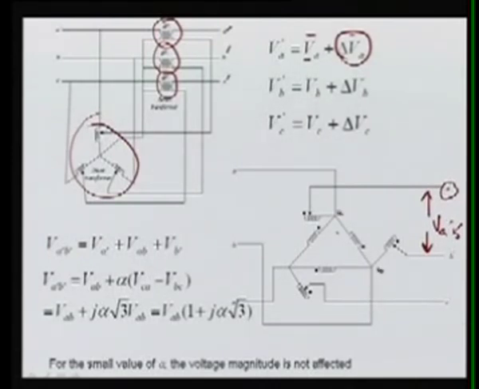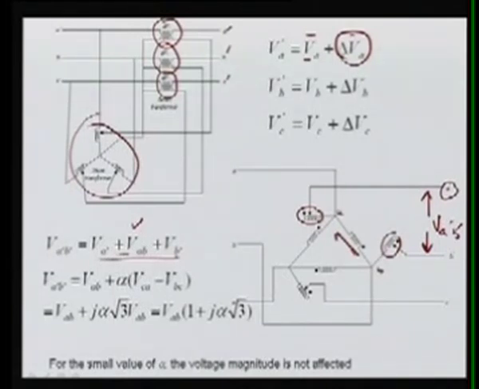So, this voltage addition means we are adding the voltage VA minus VB, then we are adding VA prime, and then we are adding VB prime. What is the VB prime? This is your VB prime, this is your VA prime, and we are adding together here. So, we are getting the VAB.